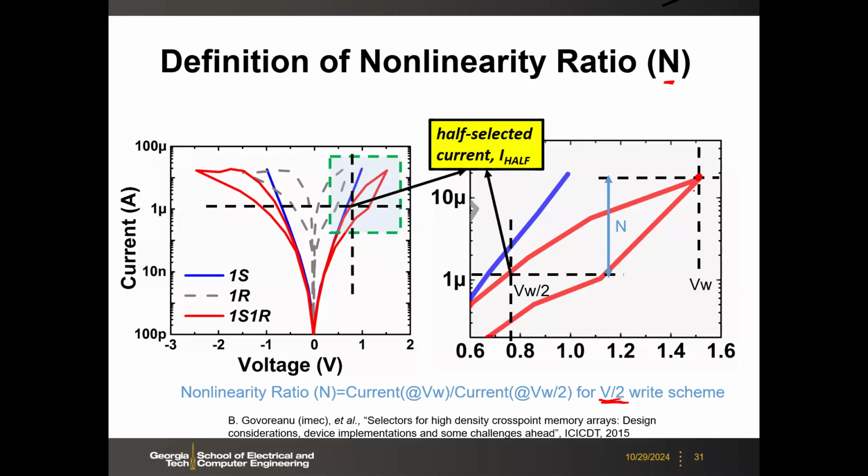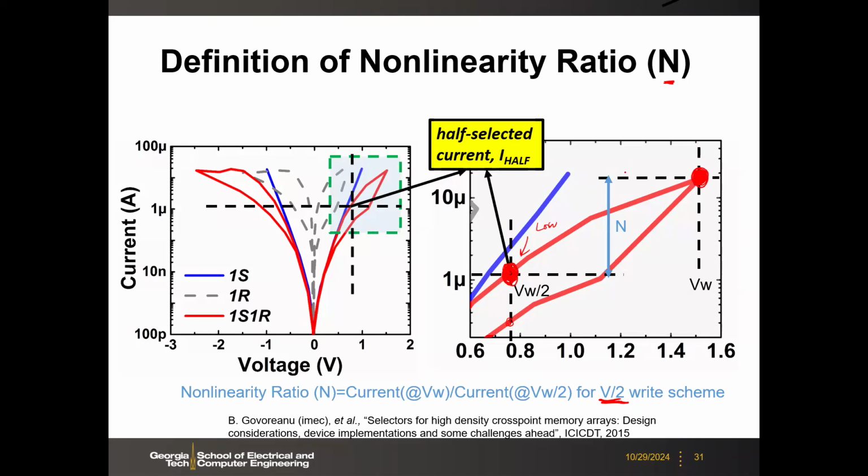Okay, so here we are going to define the ratio as the current at write voltage versus the current at half write voltage on the low resistance state, because here you don't know whether the half selected cell is high or low, right? Could be high, then the current will be even lower, but you have to assume the worst case. The half selected cell could be in low resistance, therefore you have the current here versus the current there.